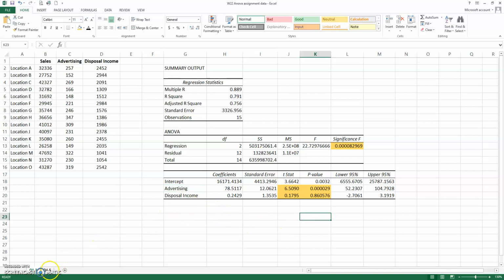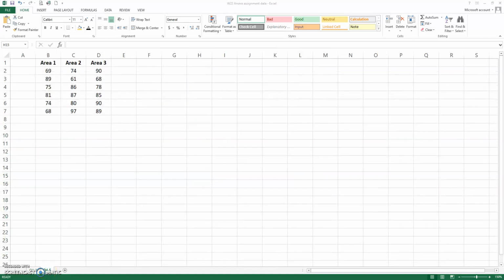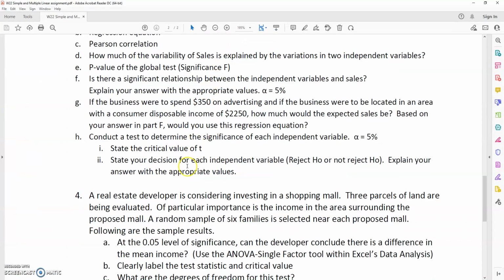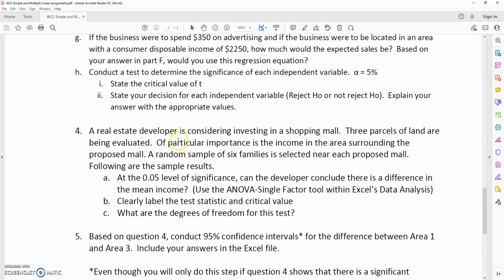So let's look at questions 4 and 5 in our assignment. A real estate developer is considering investing in a shopping mall. Three parcels of land are being evaluated.